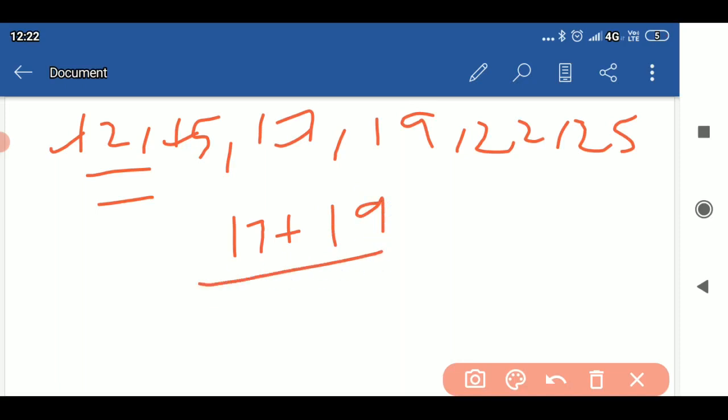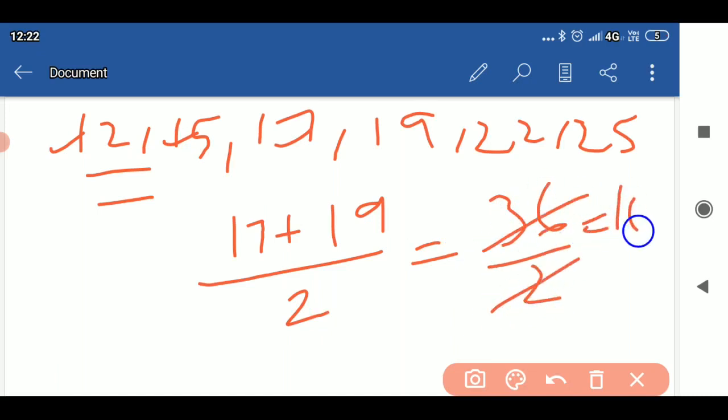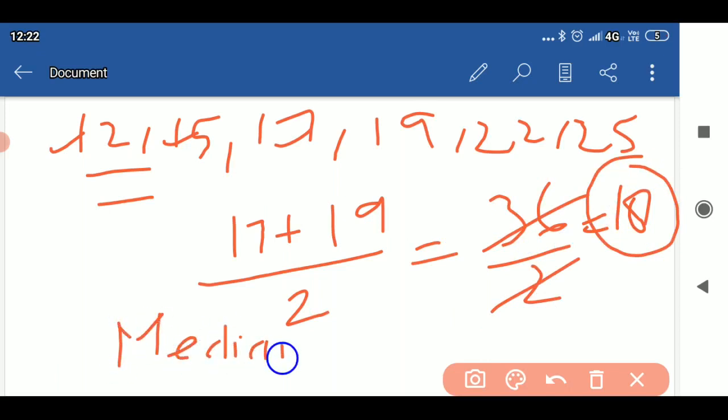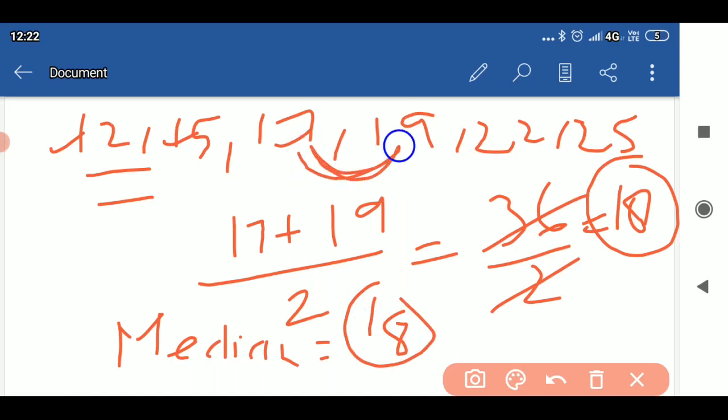When we add them and divide by 2, what do we get? 18. So it means the median of this even data is 18, which lies between 17 and 19. Understood? So this is the process of the median.